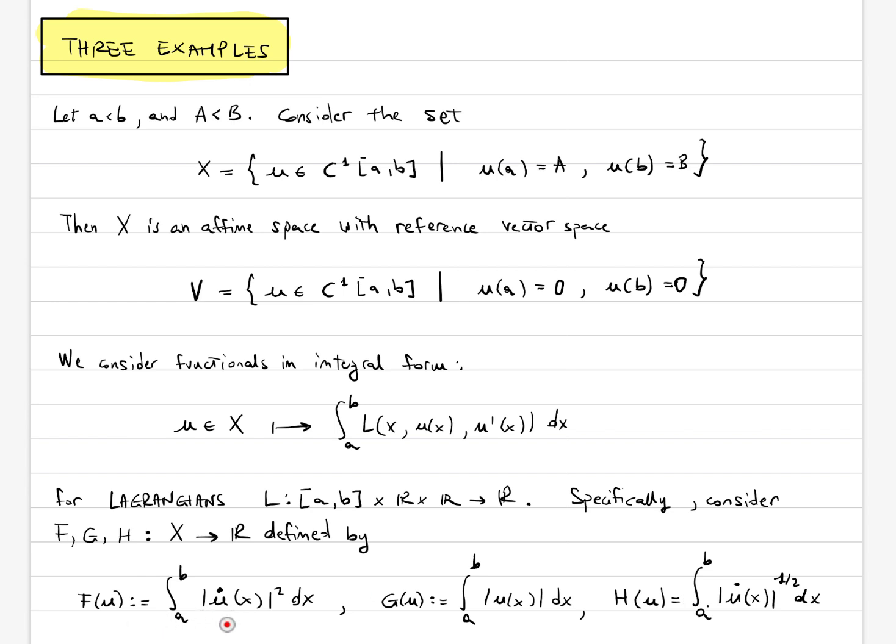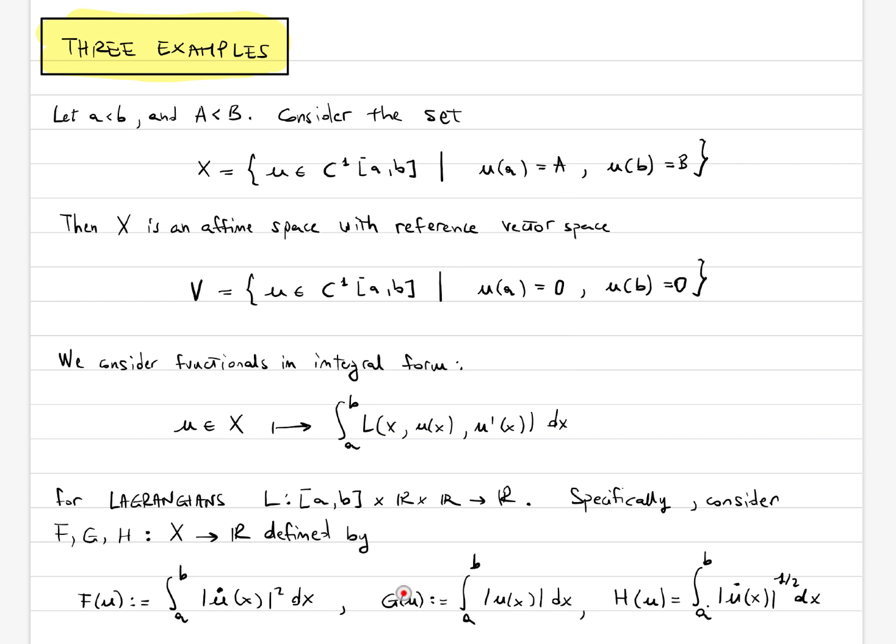F is the integral of the square of the derivative. G is the integral of the absolute value of the derivative, while H is the integral of the square root of the absolute value of the derivative.